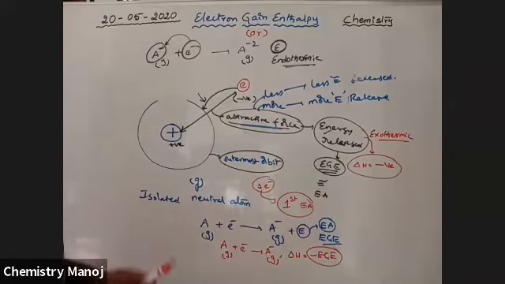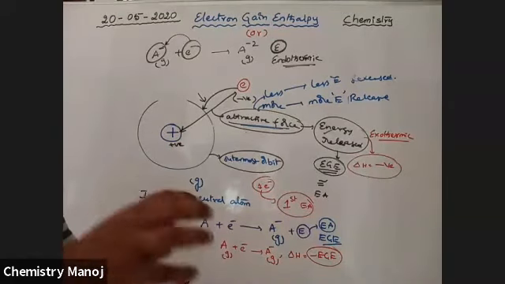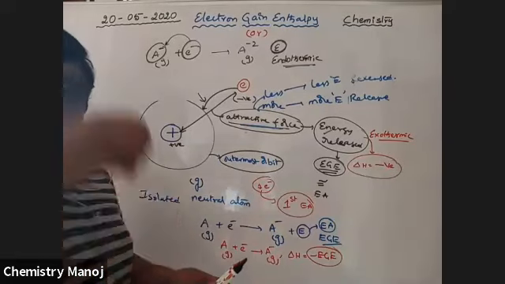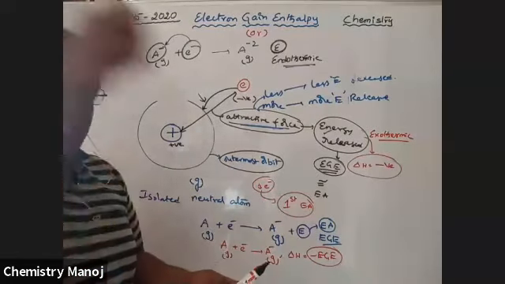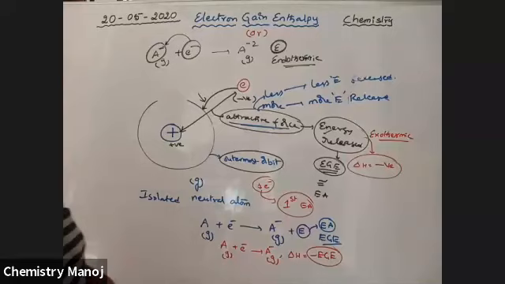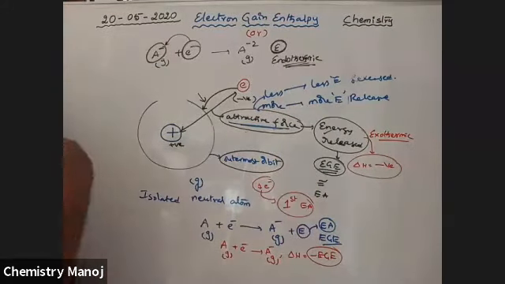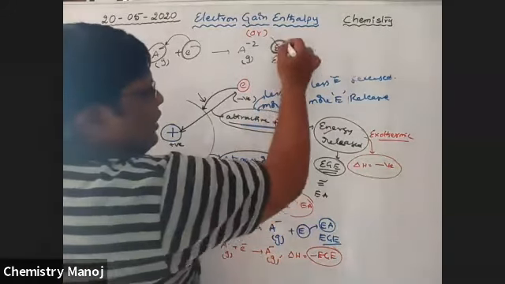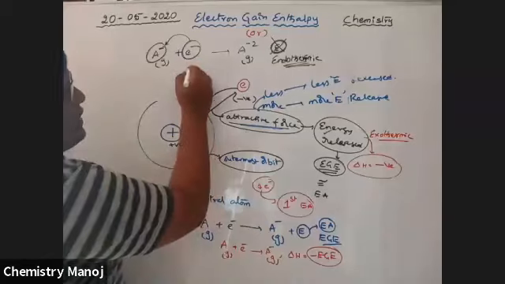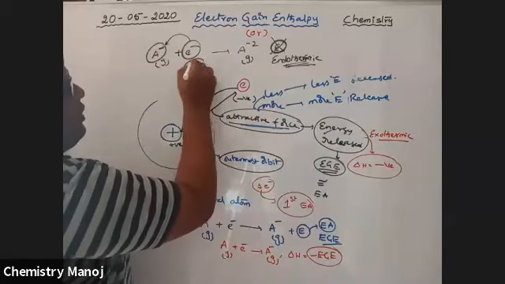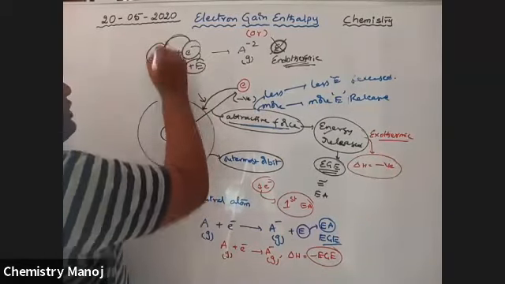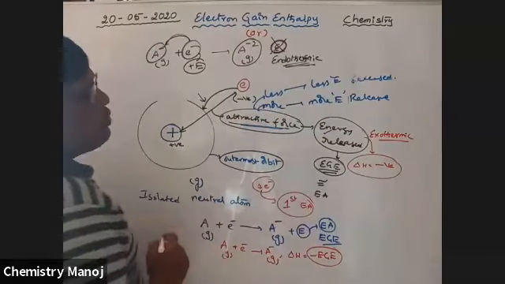Because of that, for the addition of that electron, I have to apply some energy. That means here it is an endothermic process, an energy absorbed process. So for this, some energy is applied, and now the electron enters the atom and it is converted into A 2 minus.